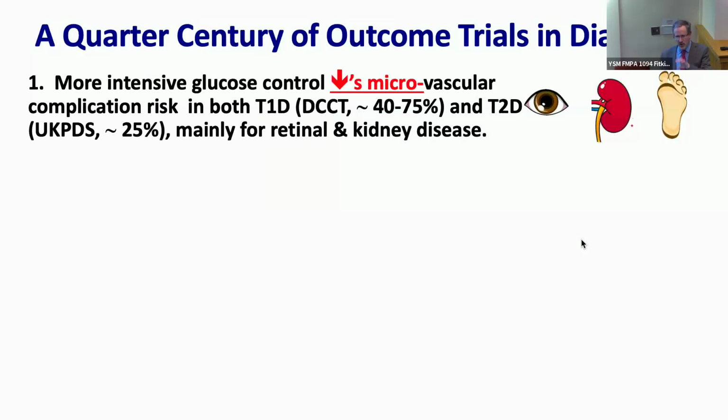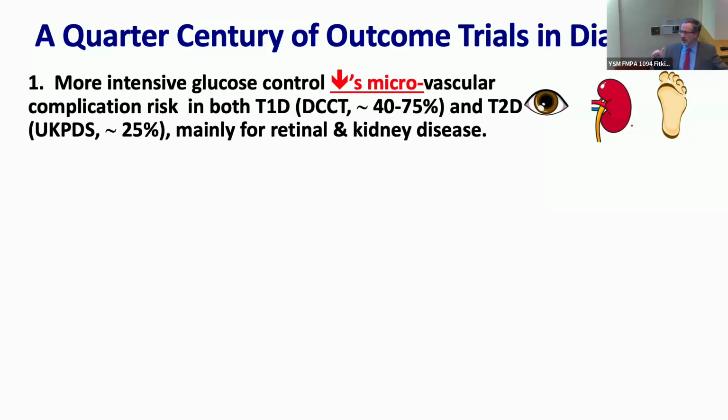And just before I show you those, I want to give you a glimpse at 25 years of type 2 diabetes clinical trials before the latest cardiovascular outcome trials, because this is what the older guidelines were based on. The bottom line is that when you control glucose in both type 1 and type 2 diabetes, it's now known and recognized that you reduce microvascular complications.